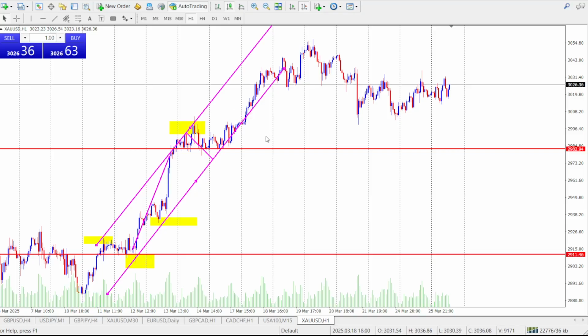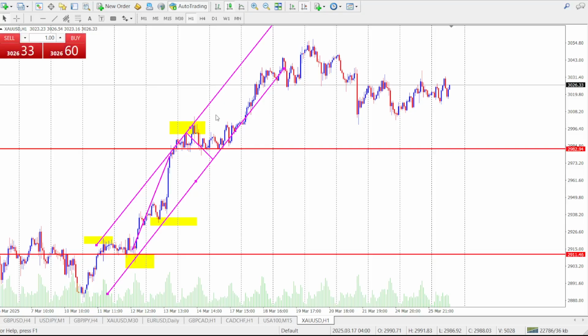Another method to trade the ascending channel is breakout trading. If the price breaks above the upper trend line, it signals a strong continuation of the uptrend.